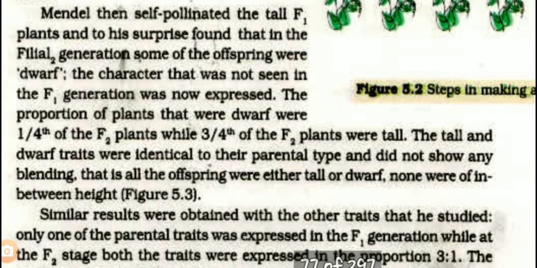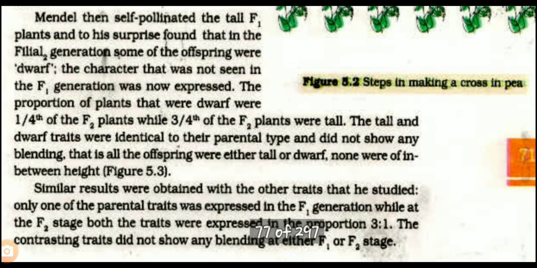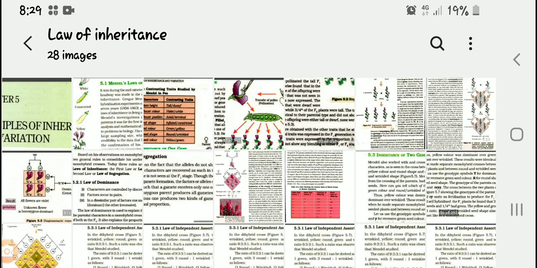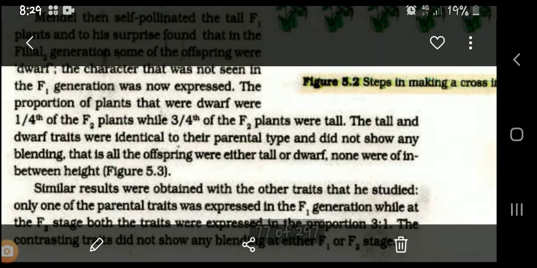From this observation he gave a conclusion that only one of the parental traits was expressed in the F1 generation, while in the F2 stage both the traits were expressed in the proportion 3:1. So the contrasting traits did not show any blending at either the F1 or F2 stage. So they were independent.